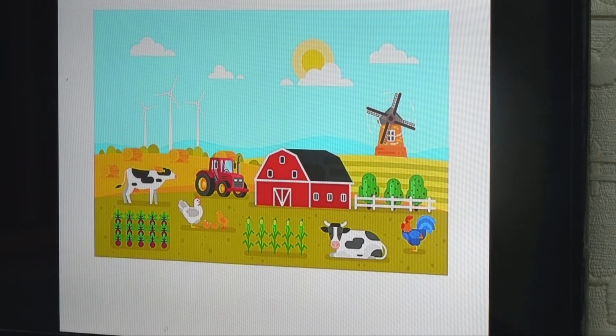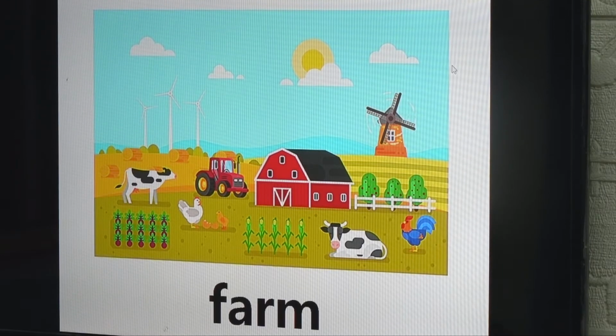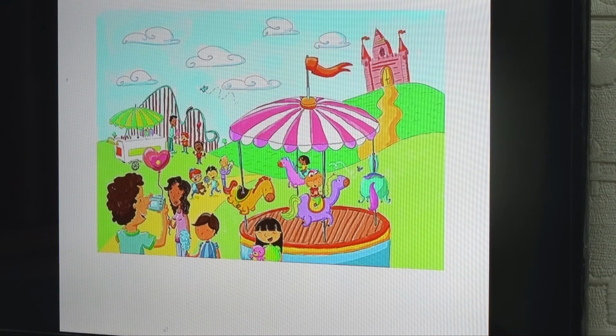So here's a place where some of the animals live, like chickens, hens, cows, right? Here is the farm. Let's spell FARM. Farm.